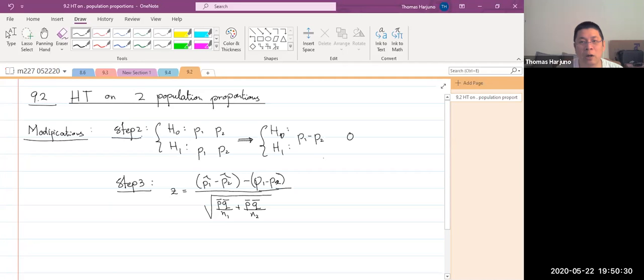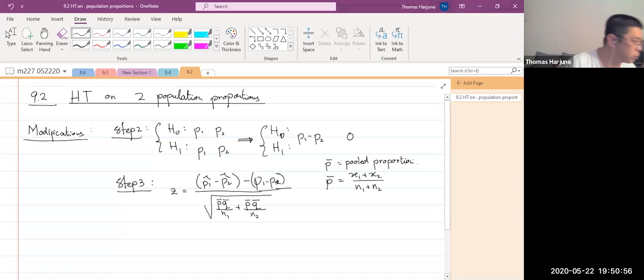What is P bar? P bar is equal to x1 plus x2 over n1 plus n2. We call this the pooled proportion.